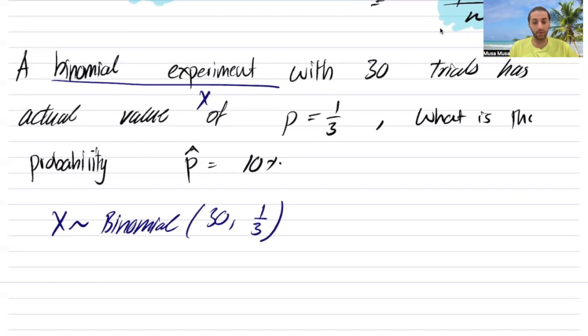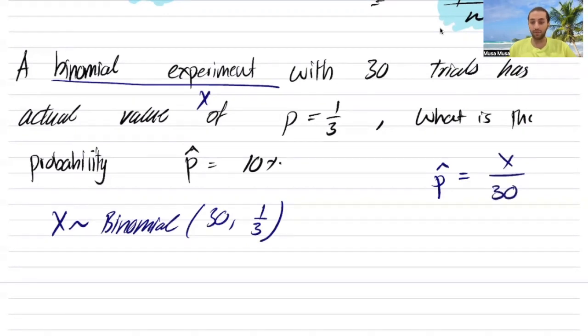If it's saying what is probability p hat equals 10%, well, how do we ever calculate p hat? We calculate p hat by taking the x, the number of successes, and then dividing it by n, so dividing it by 30.